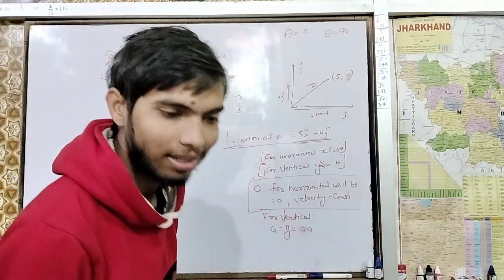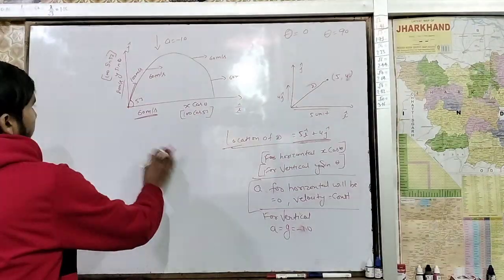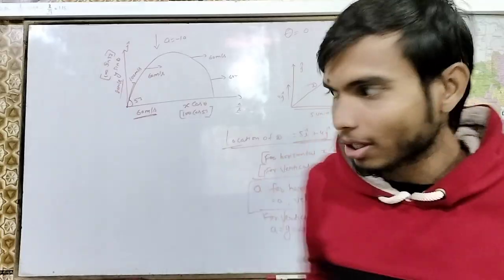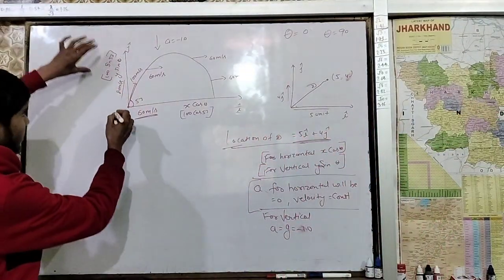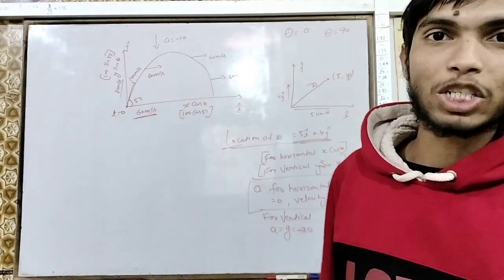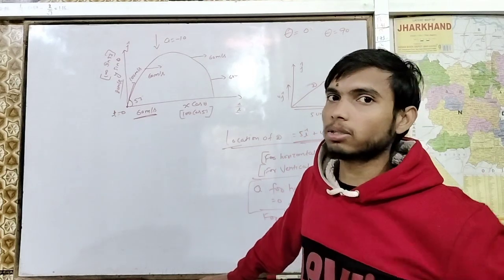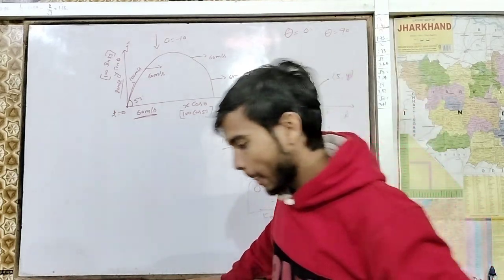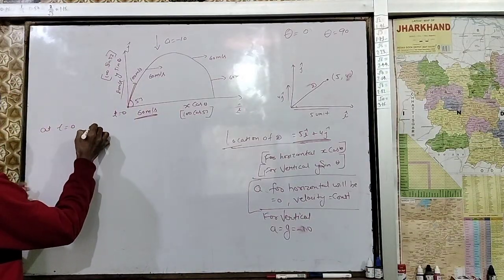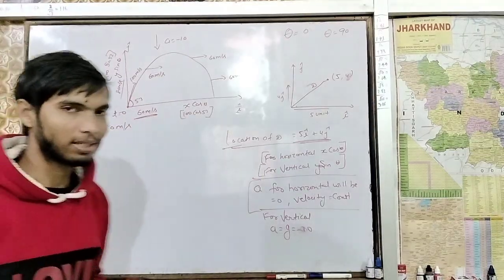Now questions are coming from this concept. Here t will be 0, isn't it? Initially, t is going to be 0. This is where the stone was thrown. At t equal to 0, velocity is 80 meter per second.